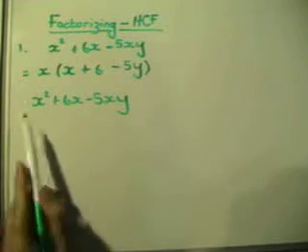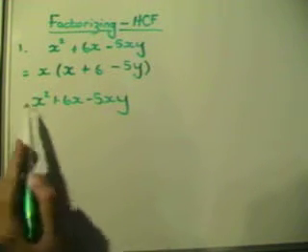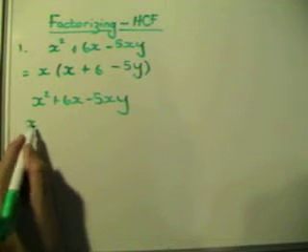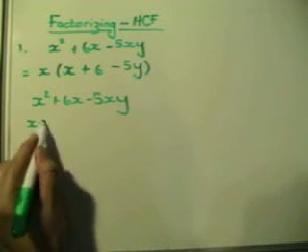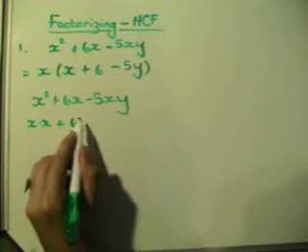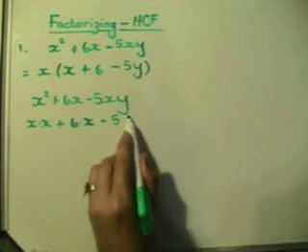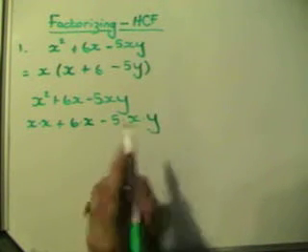Now I can determine that my highest common factor here would be x. So I write every term as a product of x. This is x times x. This is 6 times x, or x times 6. And this is already written as a product, 5 times x times y.